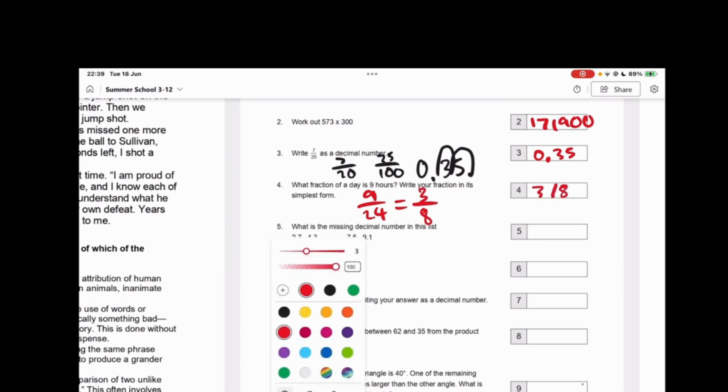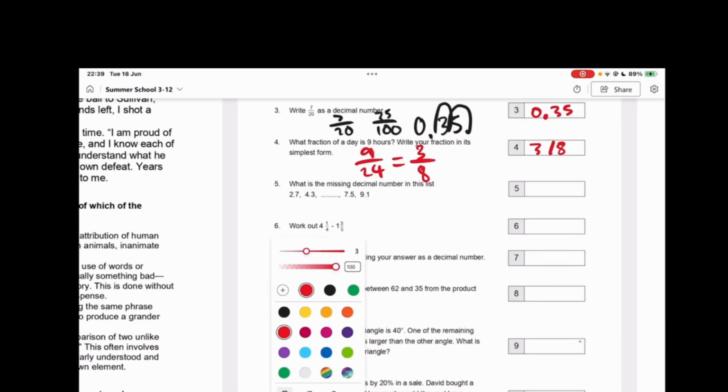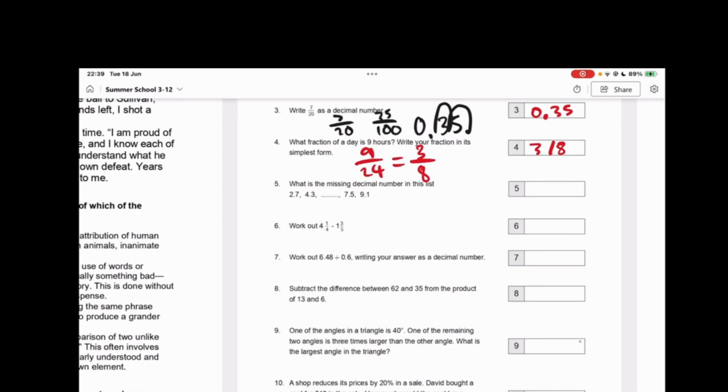3 over 8 is the answer. What is the missing decimal number in this list? Okay, so 2.7, and then we have 4.3, the number 7.5, and then 9.1, so we find the difference here.